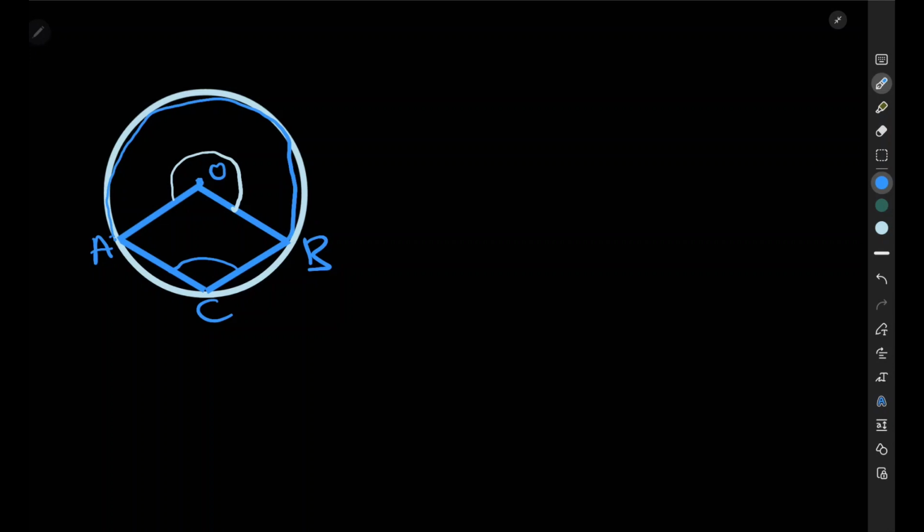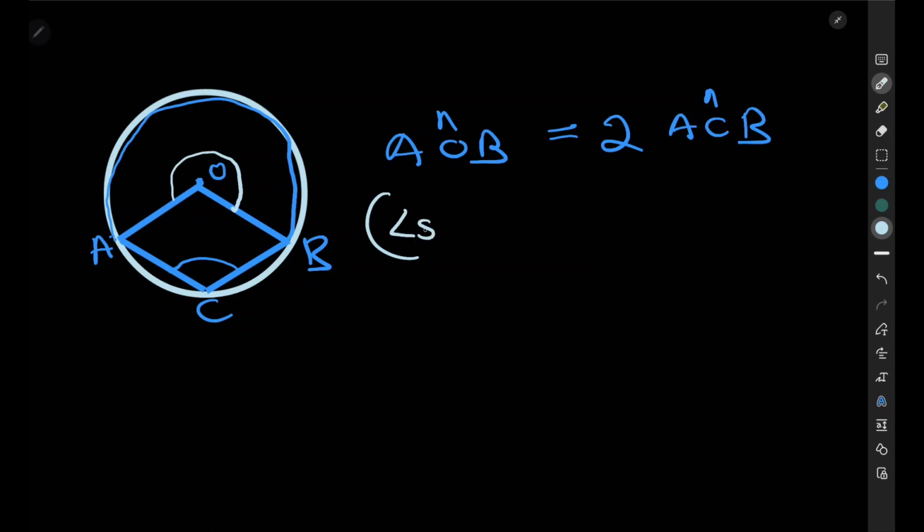So the angle at the center, which is O, will be twice ACB. So angle AOB, the angle at the center, would still be 2 times angle ACB. And as I've already mentioned, how you state your reason is you say angle at center is equal to 2 times angle at circumference.